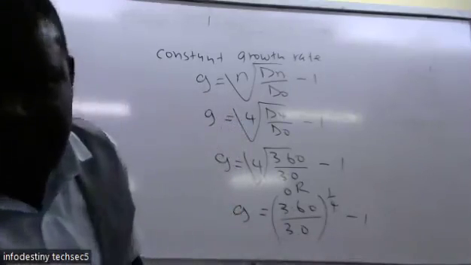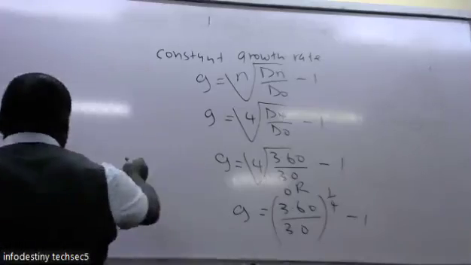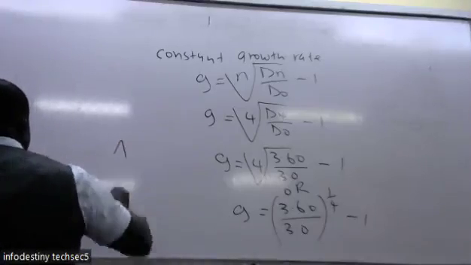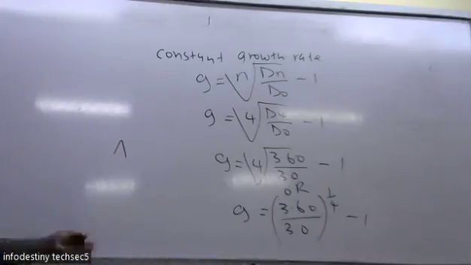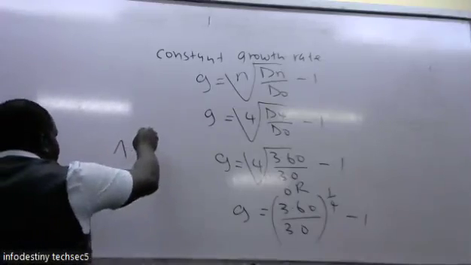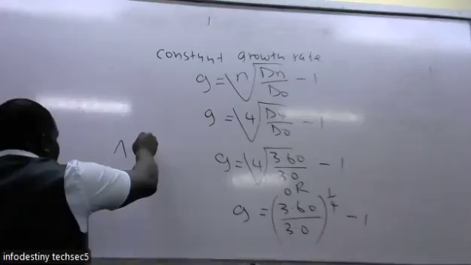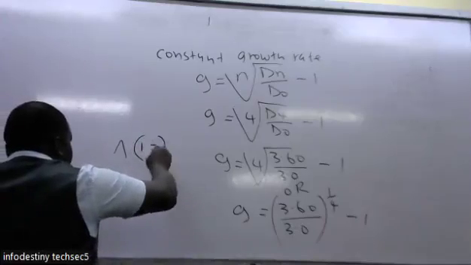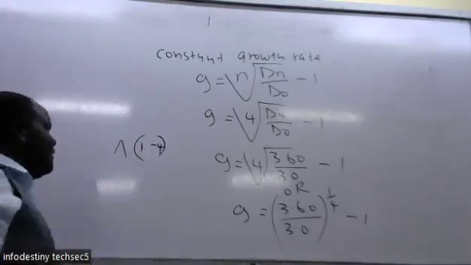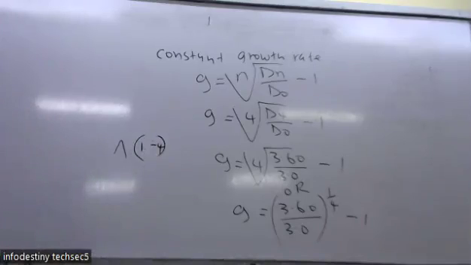Then your calculator has this power key. Press that power, open the brackets, then 1 divided by 4, close the brackets. Then get the answer, and subtract 1 and see which value it gives us.